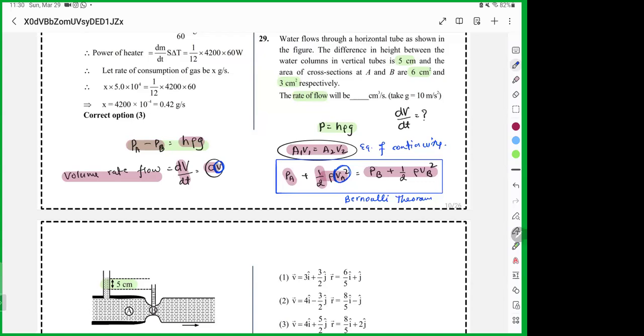Anybody got the answer? Make it fast. It is coming 346 centimeter cube per second.